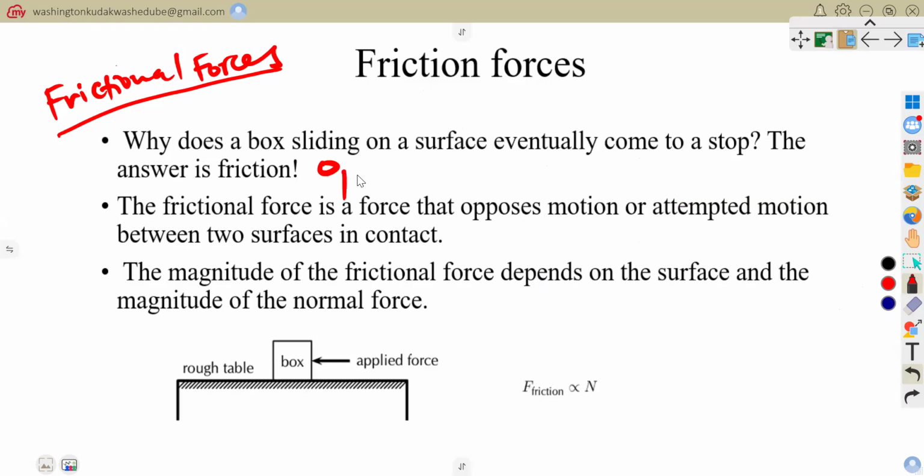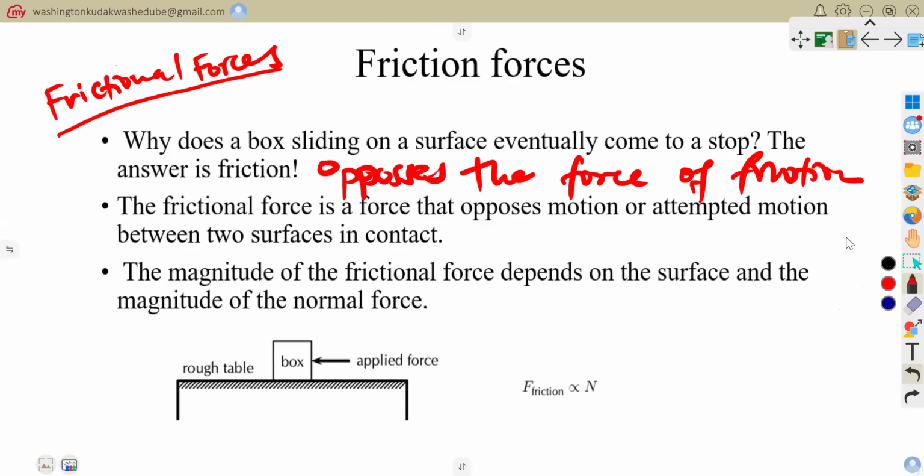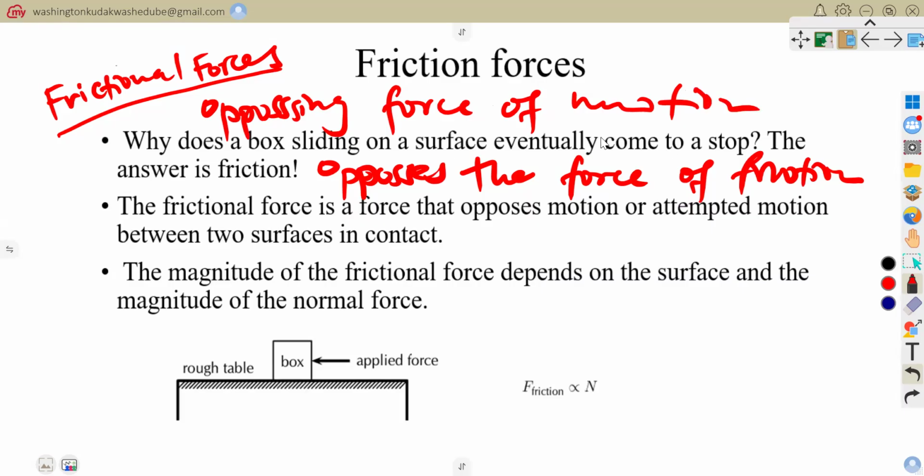Whatsoever opposes the force of motion is what we refer to as friction. So you can define your frictional force as the opposing force of motion.